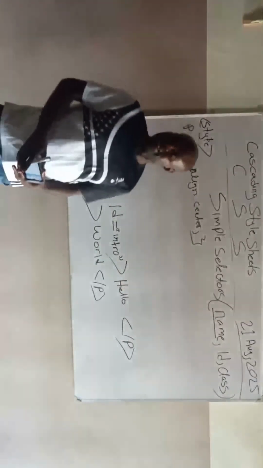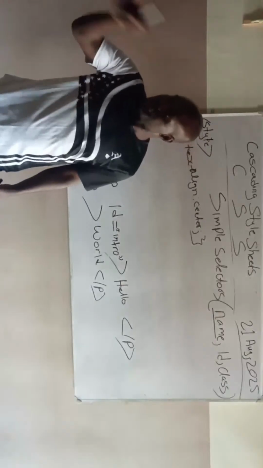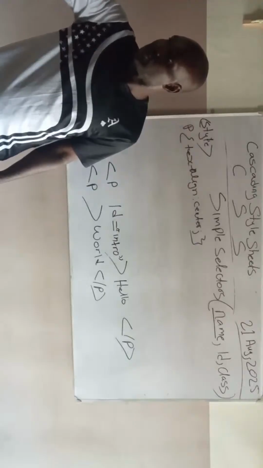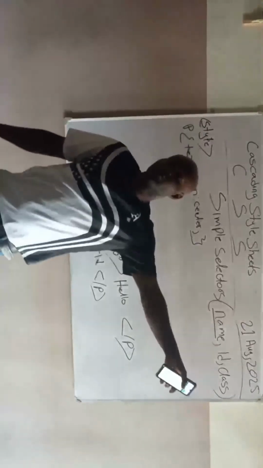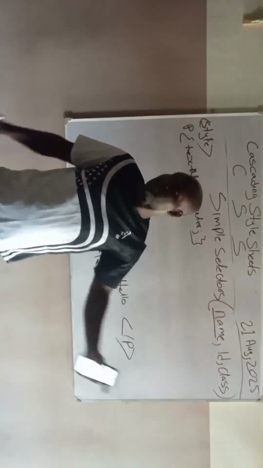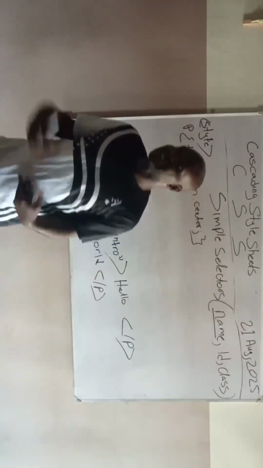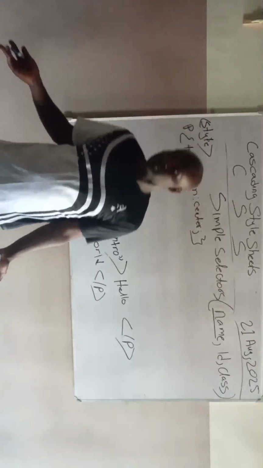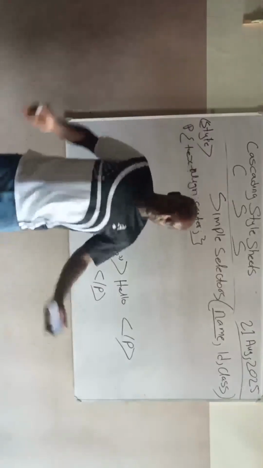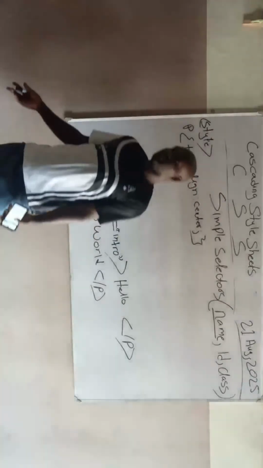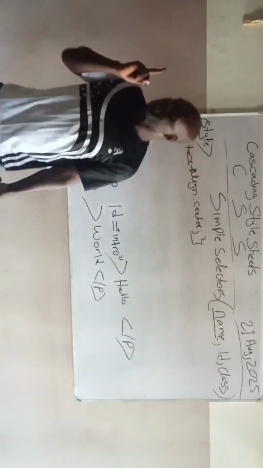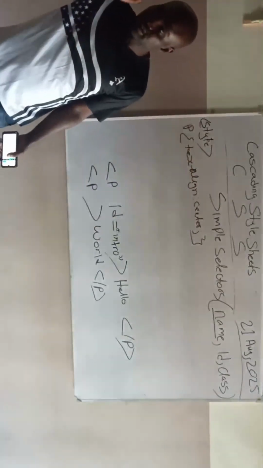So at the end of the day, your ID is still unique, even if your name is the same. You get it? So, IDs are unique to one particular element.